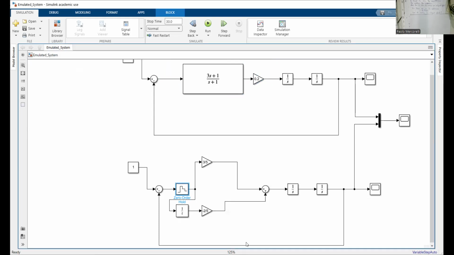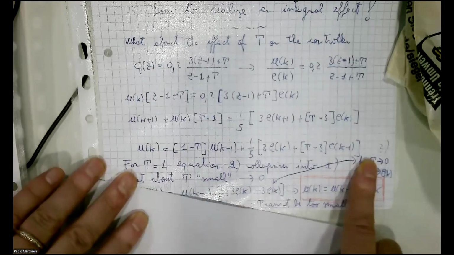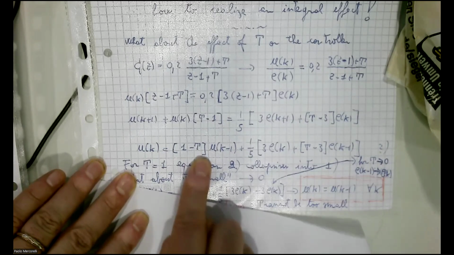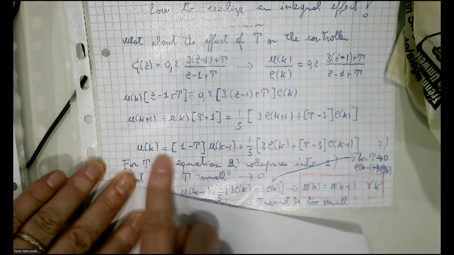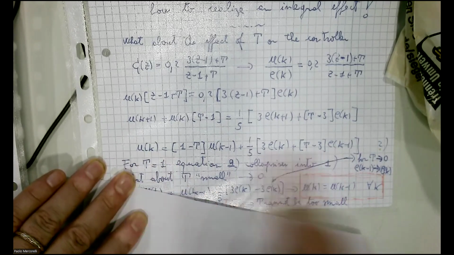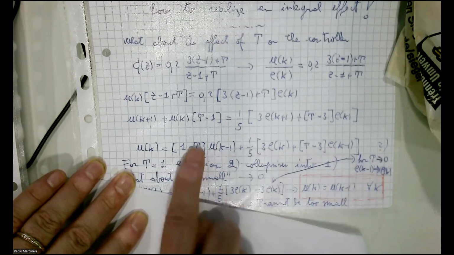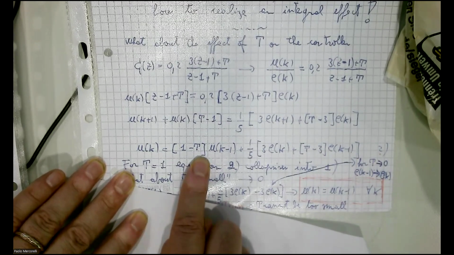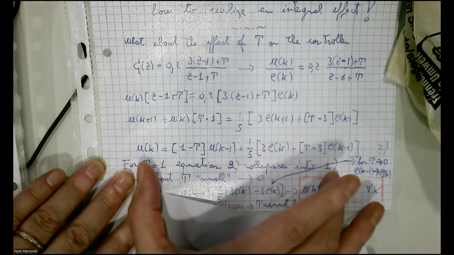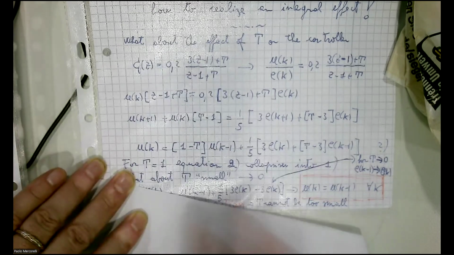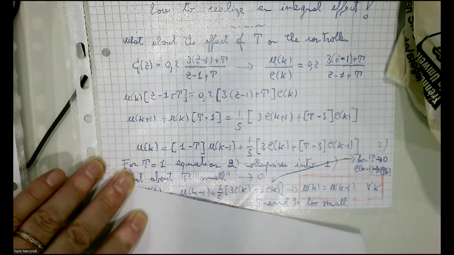This means I realized here not the general controller that works for each T. I leave you as an example at home: try to realize in Simulink this controller with the general T. It is easy as an example, I think. Now it collapses to a particular form for T equal 1. You will have it in my study, but anyway, you can write. I upload everything in one folder, nevertheless.